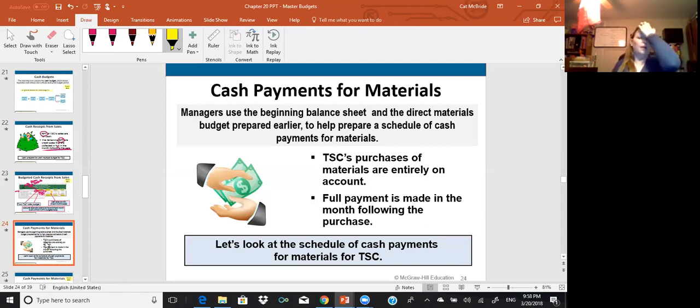So in this company, our materials are based entirely on account, which means no materials that we buy this month we're going to pay for this month. We're going to pay for everything in the month following the purchase. This could change by company, but whatever our purchases are, we're going to pay for them in the next month. So every month, our cash payments for materials will be based on our last month's materials.